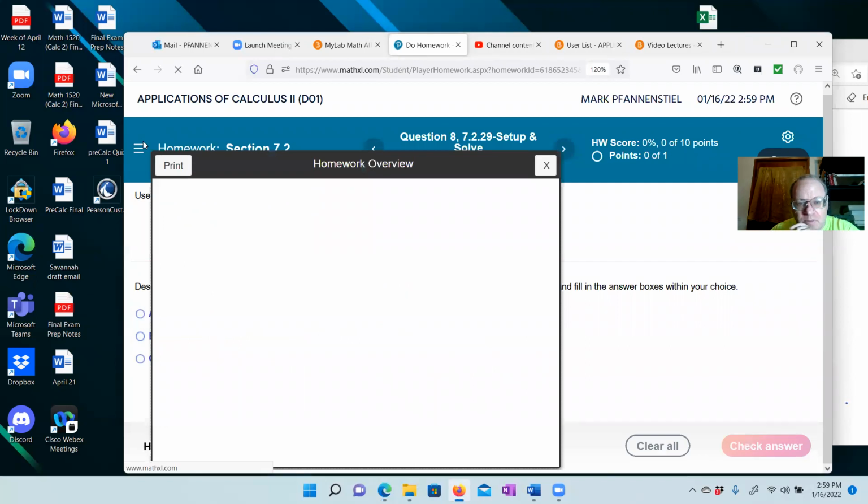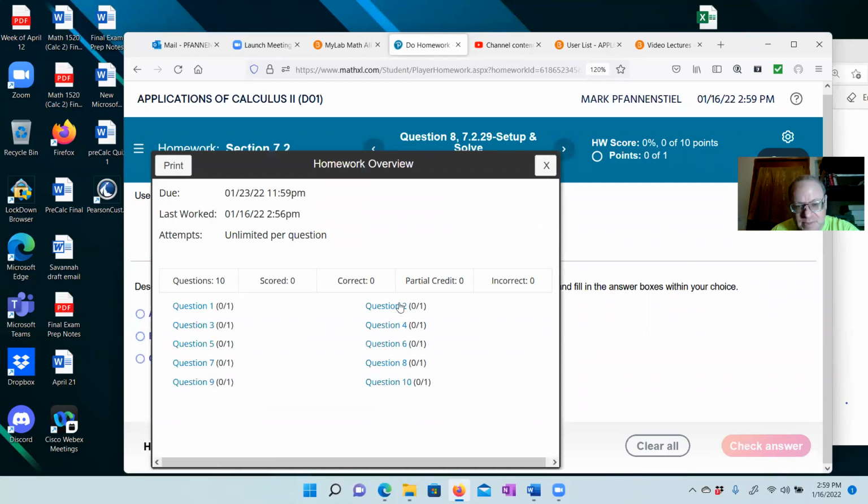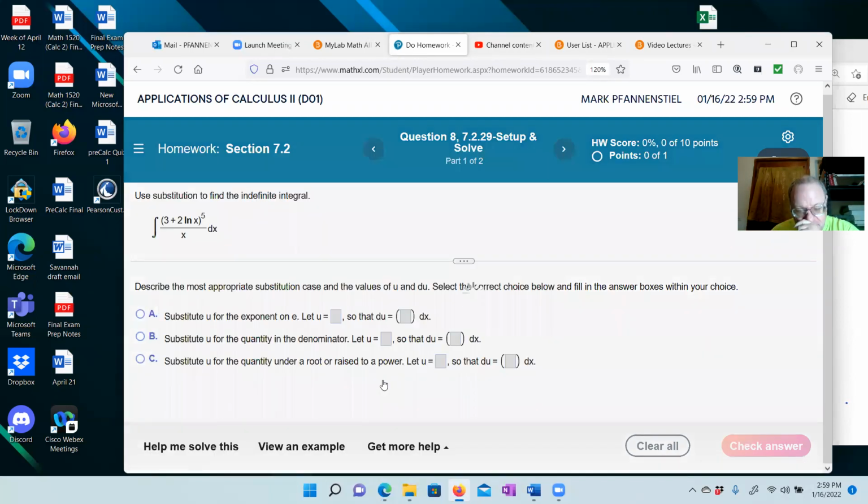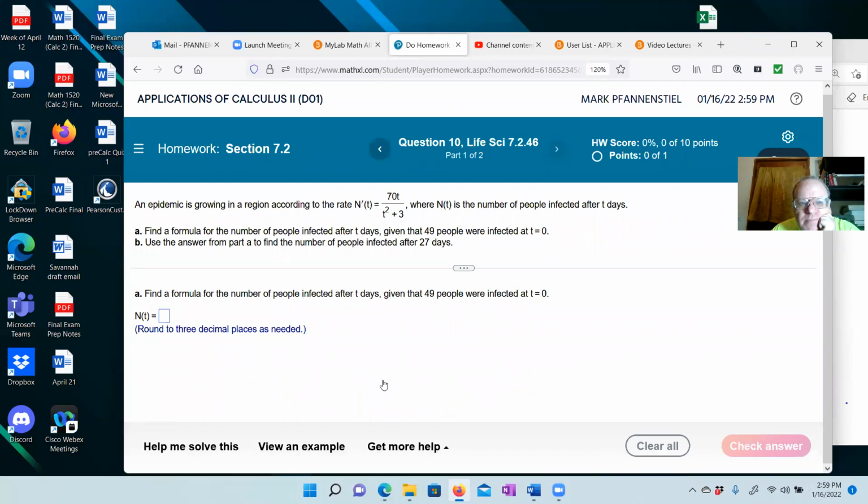And let's see here. That was question 8. How about question 10? An epidemic is growing in a region at a rate of, remember it's a rate, so this is a derivative, N prime, and the derivative of N is equal to 70t divided by t squared plus 3. N is the number of people who are infected after t days.